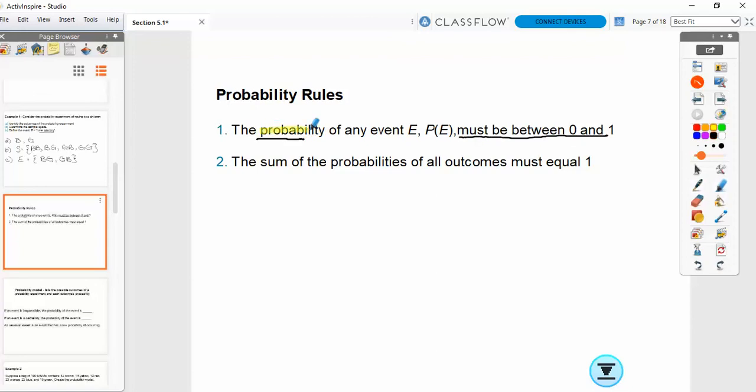If you want to abbreviate, you really just need the highlighted part. And the sum of all the probabilities always has to equal 1. When I add up the probability of each possible outcome, the total has to be 100%. So every individual probability is between 0 and 1, and total probabilities add to 1.